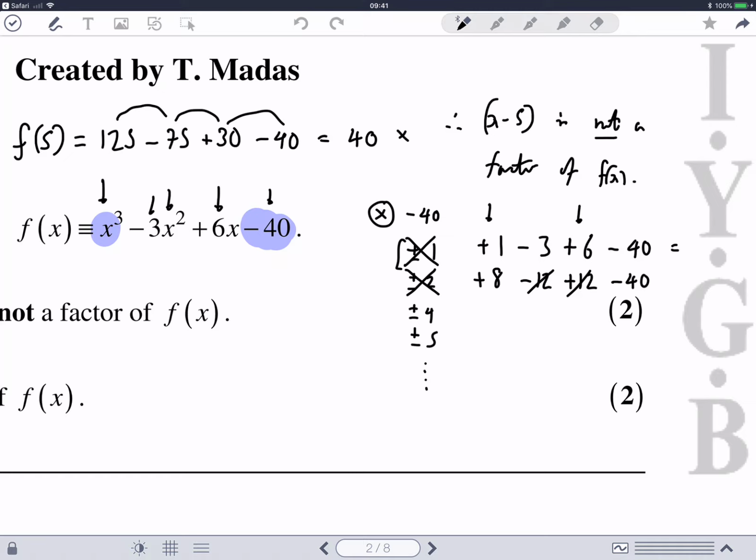Let's try minus 4. So minus 4 cubed is minus 64. Minus 3 lots of 4 squared is going to be negative 48. 6 lots of minus 4 is minus 24, and minus 40, so that's not going to work.